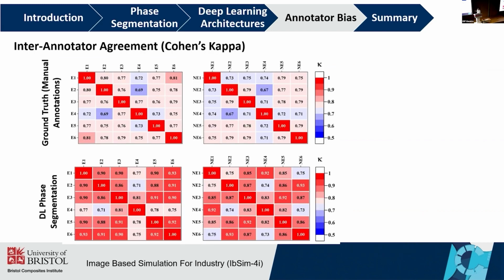So we also studied inter-annotator agreement between the ground truths and the deep learning segmentations. We can say that the deep learning segmentations are more similar between them than the ground truths are. That means that we can have a variability in the ground truths, but these variations will be somehow mitigated when we train the deep learning models.